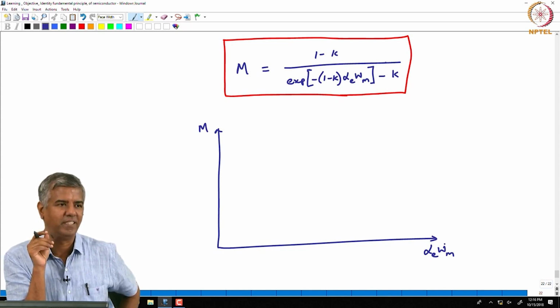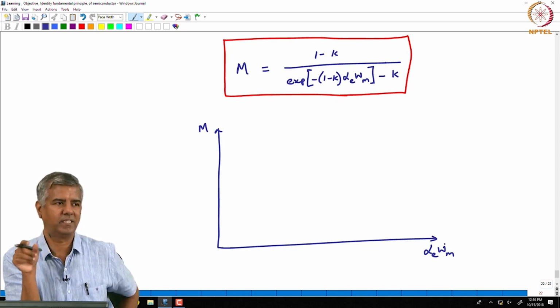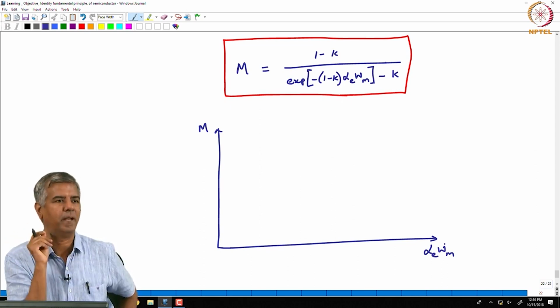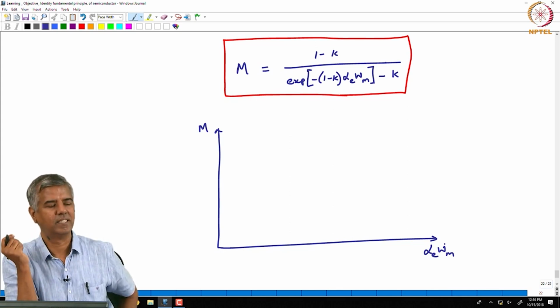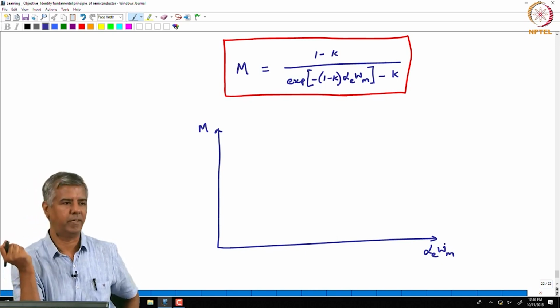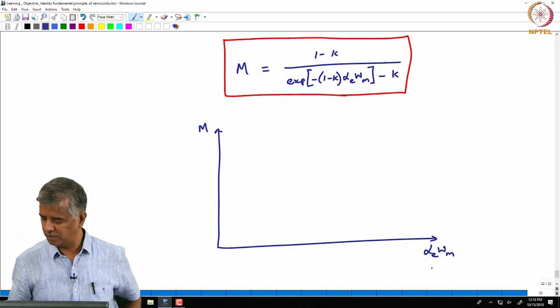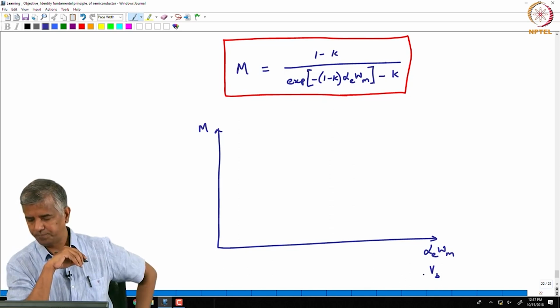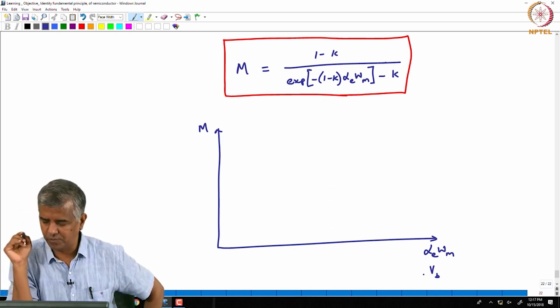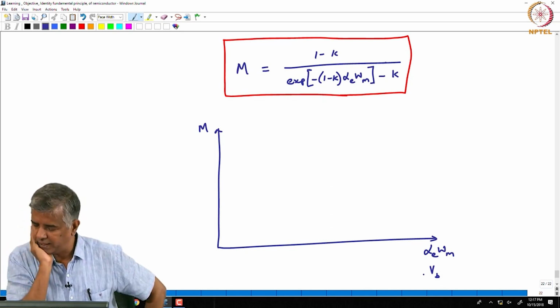The electric field existing in that region, and that electric field is dependent on the applied reverse bias voltage. So, as I increase my reverse bias voltage, I can increase alpha e. So, I can as well plot this as a function of my bias voltage also. So, if I plot this function, what do I get?